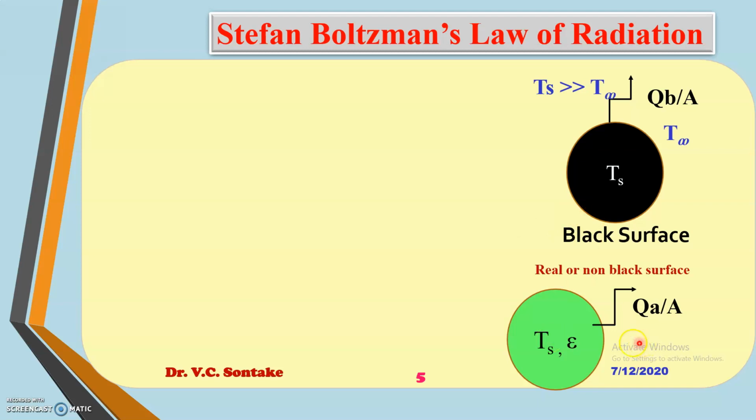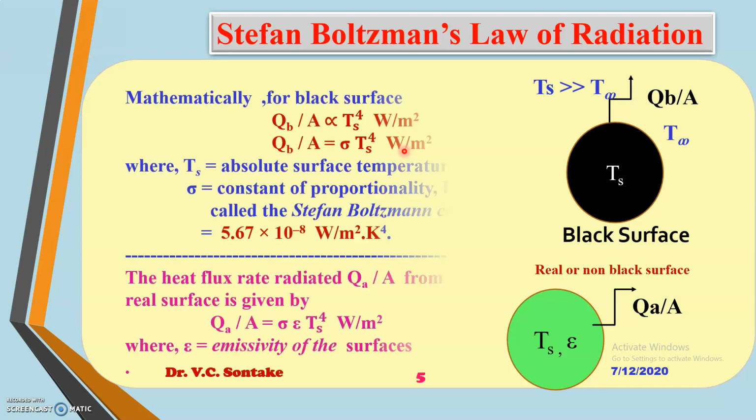And let's say the heat transfer rate from this real surface to the surrounding is QA divided by A, that is, heat transfer rate per unit area. So Stefan Boltzmann law of radiation is able to calculate this heat transfer rate by radiation per unit area for the black surface as well as for this real surface.